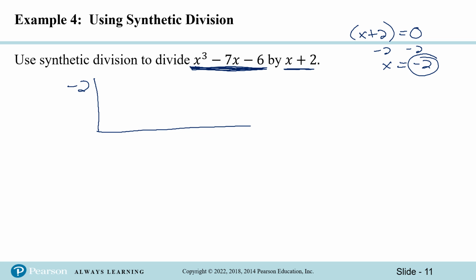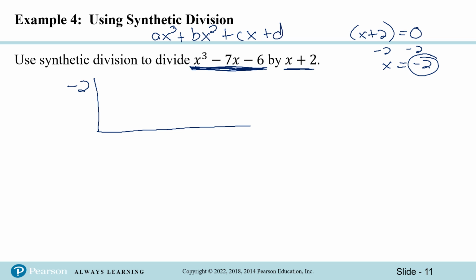So if this is an x cubed, my degree is 3, so I have to have a number times x cubed, some number times x squared, a number times x, and a constant.